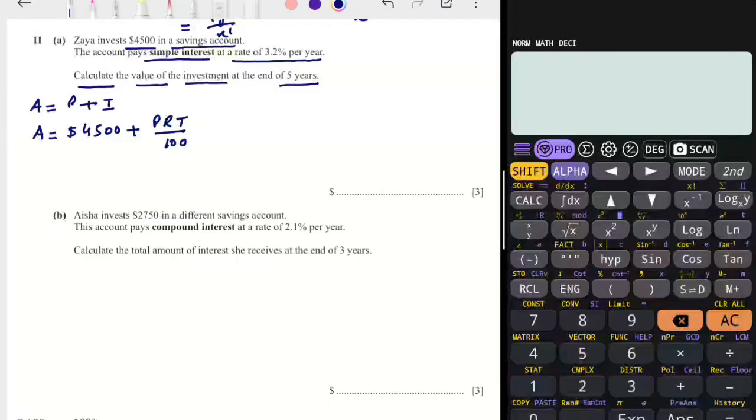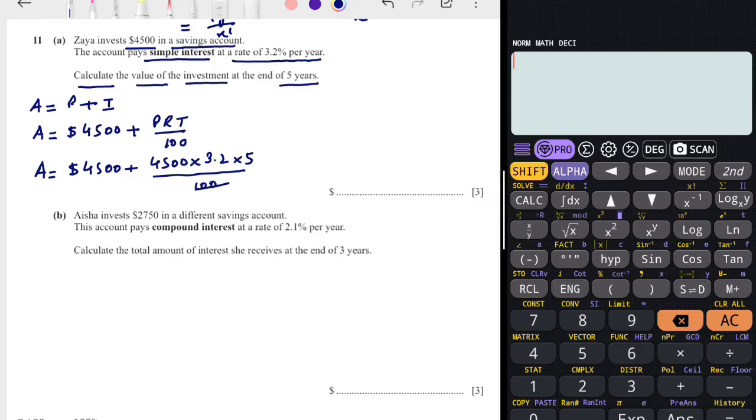So we will substitute values. Amount is equal to $4,500 plus 4,500, rate is 3.2 and time is 5 years, divided by 100. We have to simplify them.